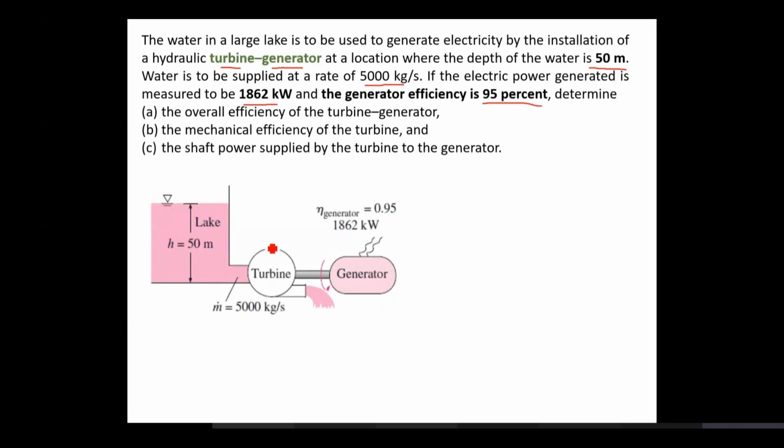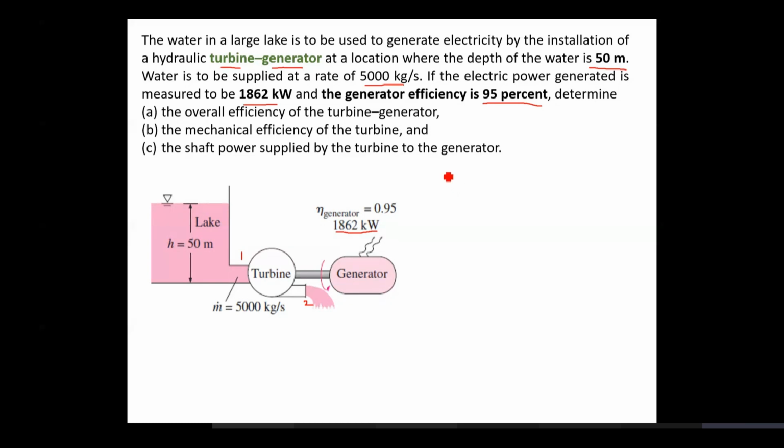It says that the turbine is placed over here and it is placed next to the generator. The output of the generator is this much power. You have to determine the overall efficiency, which is dependent upon the change in mechanical energy of the fluid as it moves from state 1 to state 2 through the turbine. So the mechanical energy of the fluid is dependent upon what? The moving fluid has three components of energy.